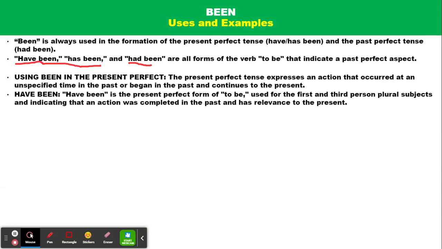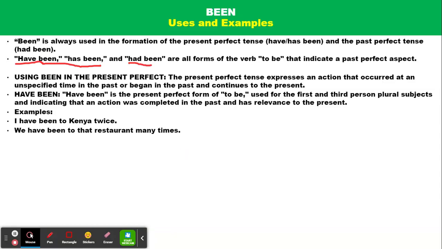Have been is the present perfect form of to be, and it is used for first person and third person plural subjects, indicating that an action was completed in the past and has relevance to the present. Let's take some examples. I have been to Kenya twice.